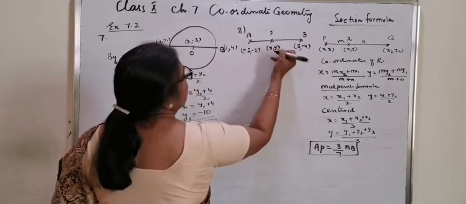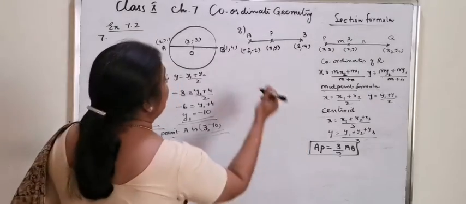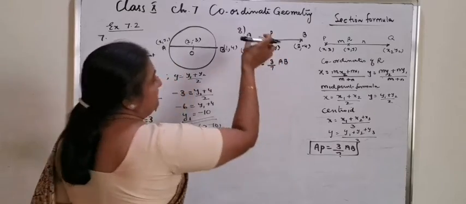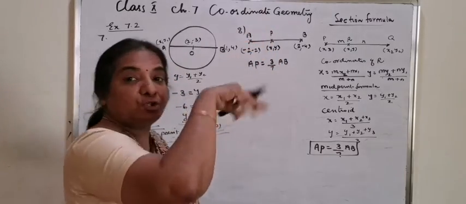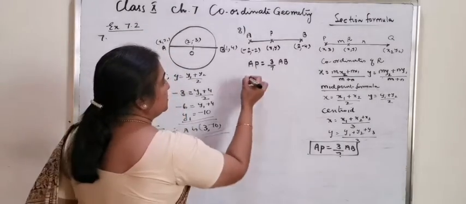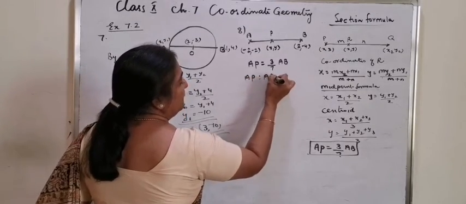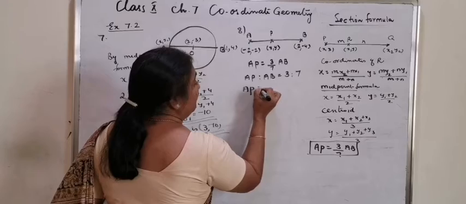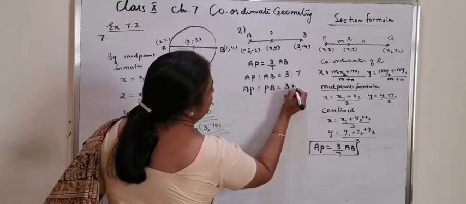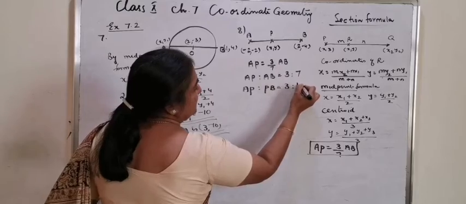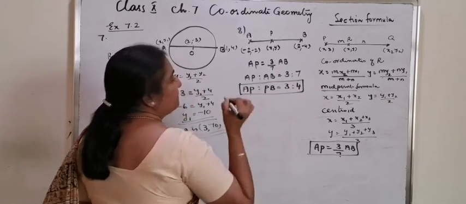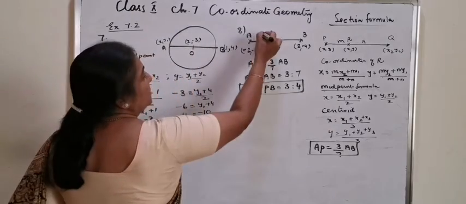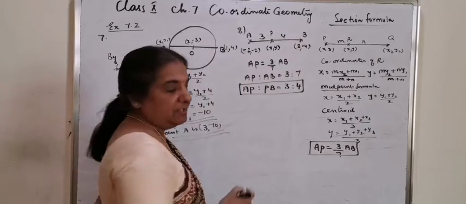You have to find the coordinates of the point P such that AP is equal to 3/7 of AB. That means the ratio AP is to AB is 3:7. So, what is the ratio AP is to PB? It is 3:, 7 minus 3 is 4. We need the ratio AP is to PB as 3:4, and you can directly use the section formula.